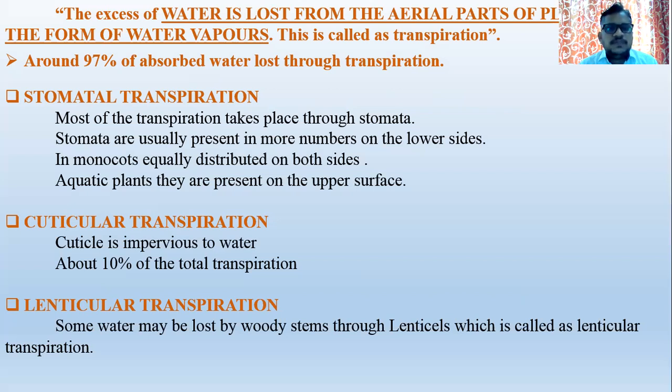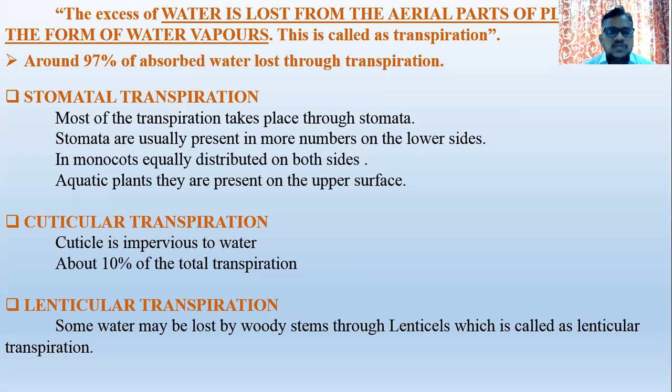Stomata are usually present in greater numbers on the lower side of the leaf surface. They are present on the lower and upper sides also, but the majority is on the lower side.